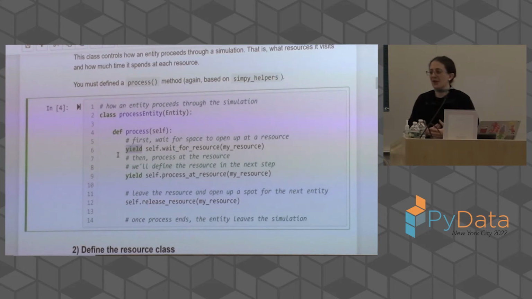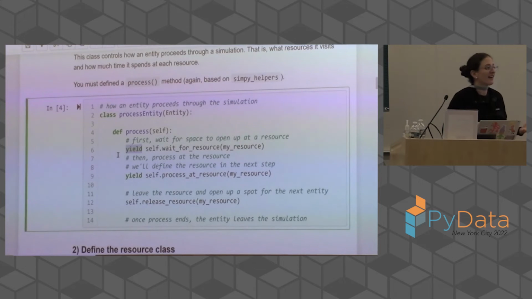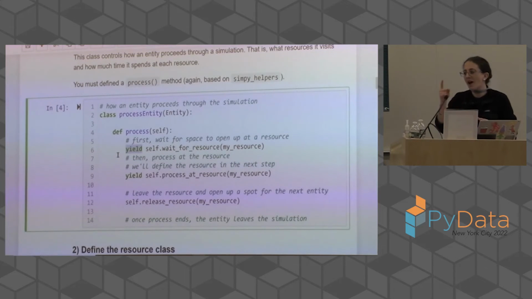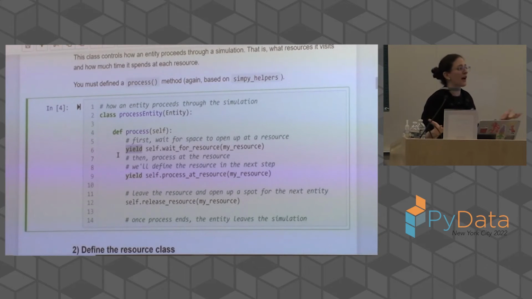Yield, you may be familiar, in Python means that we are using a generator. And if you're not familiar, you're going to later be Googling generators in Python. And what that means is basically a function, but a function that is stingy and only returns to you one item at a time. So you probably have seen a generator without even knowing it.